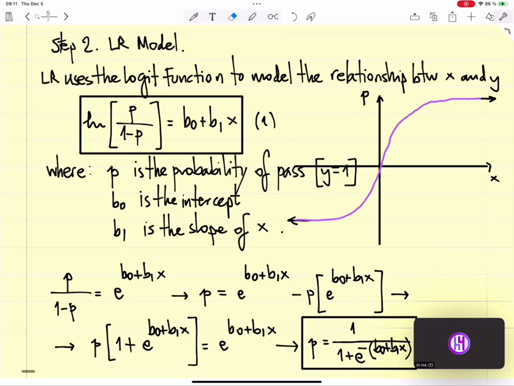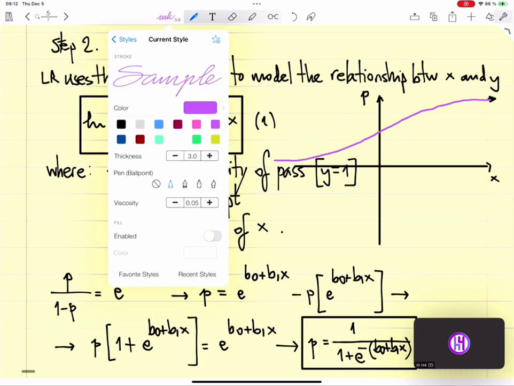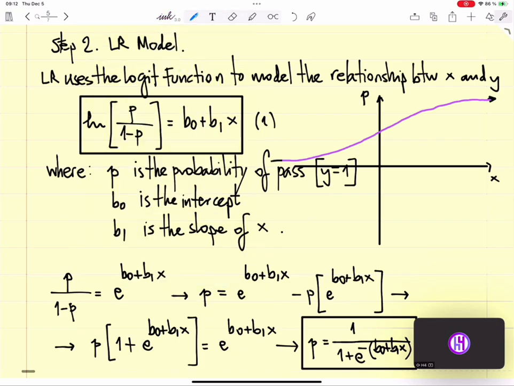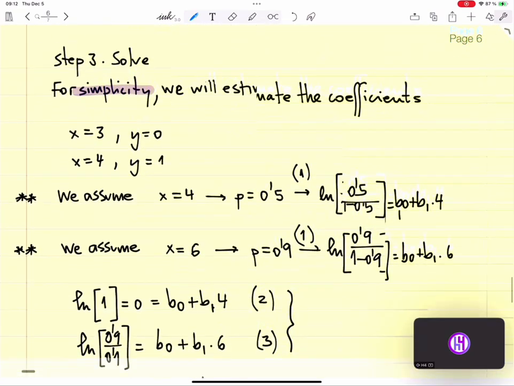Actually, this curve, let me paint it again. It's not totally correct because it ought to be positive. So it should be like this. Okay. So around here is 0.5. Here it's 1 and here it's going to be 0. But the logic is valid still. So any more questions?